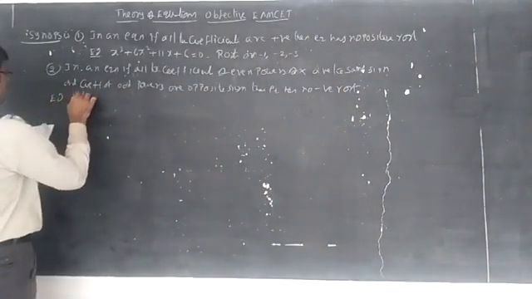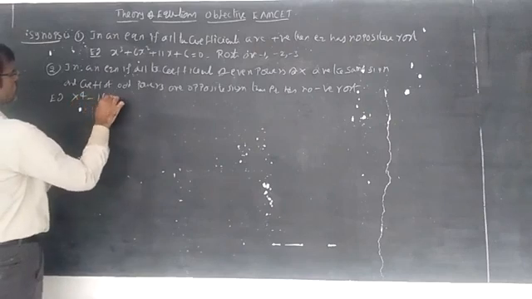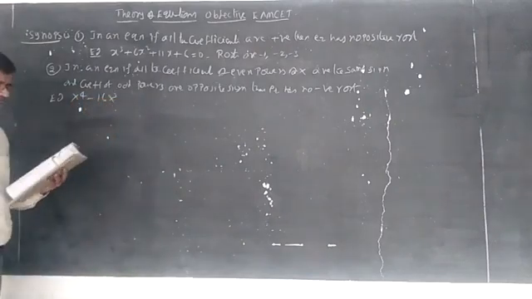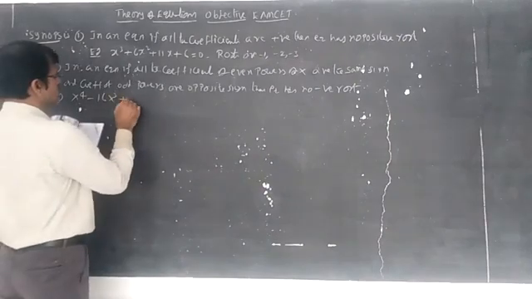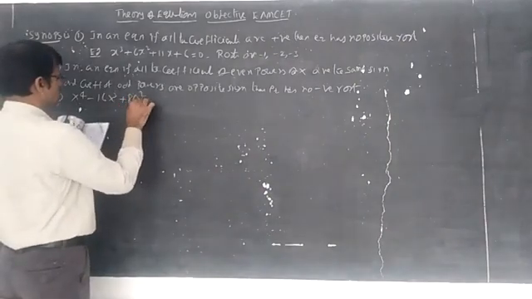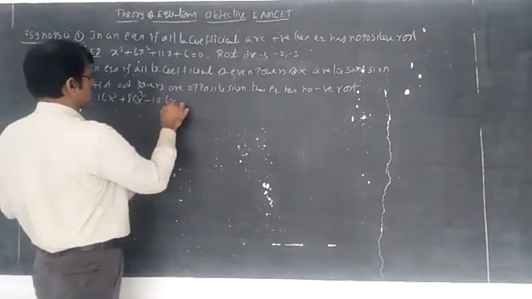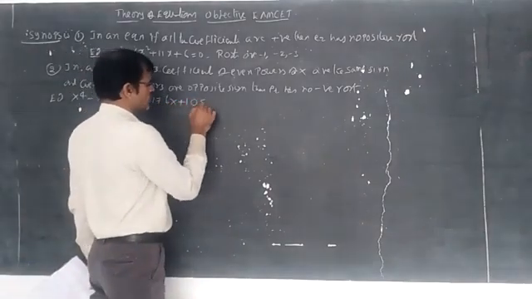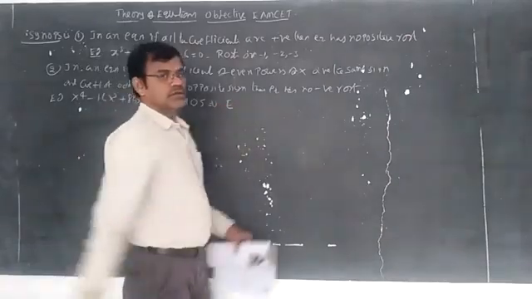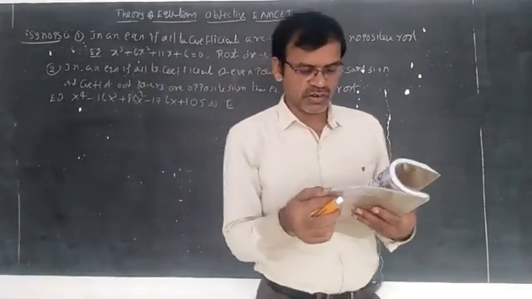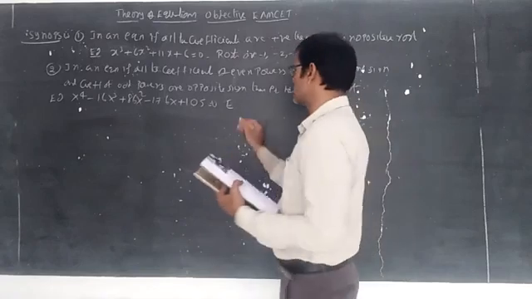Take an example: x power 4 minus 16x cube plus 86x square minus 176x plus 105 equal to 0. This I have taken from our IPE textbook, page 112, example 1.